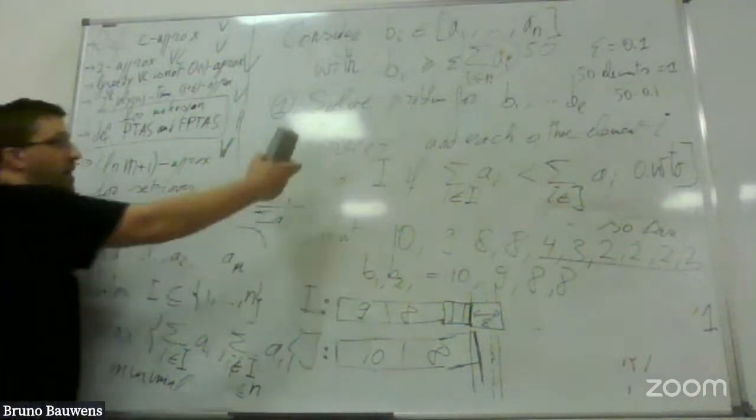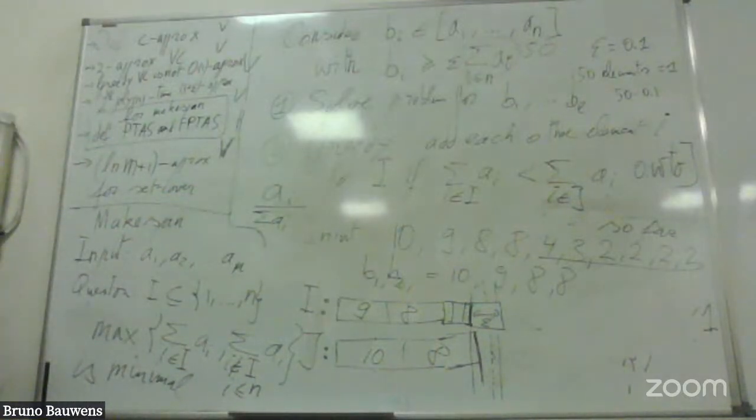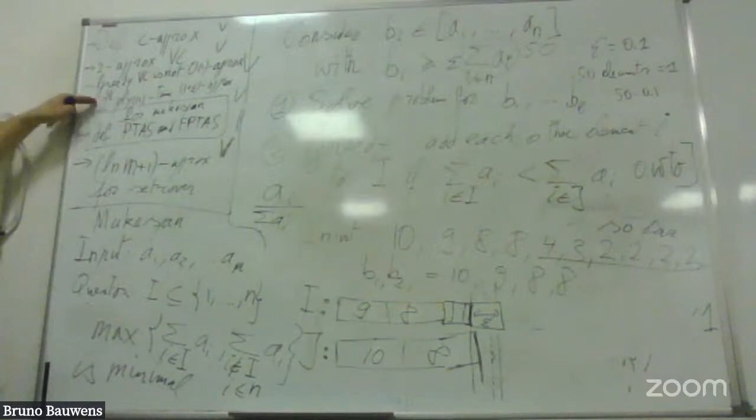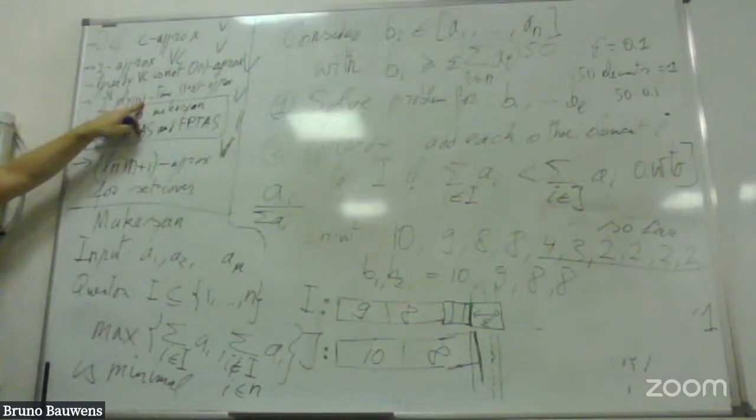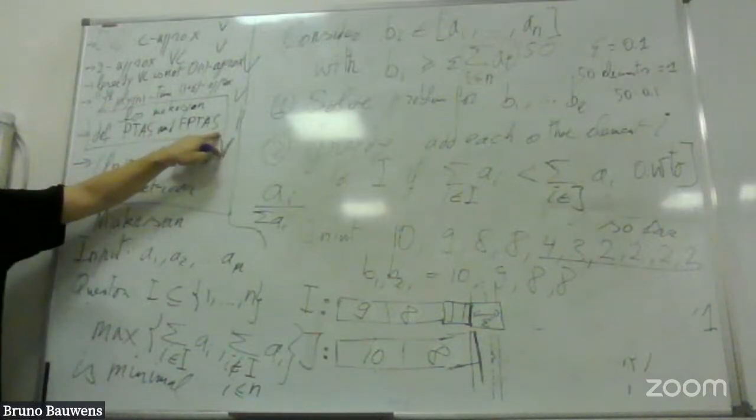So when epsilon is fixed, we have a polynomial time approximation algorithm. But when you need high precision, if epsilon can be really small, this is useless. Hence, we also have FPTAS.